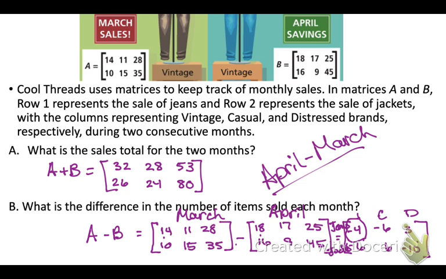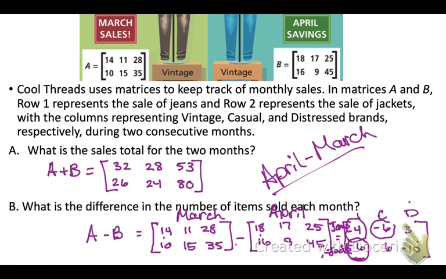What did we do best in? Distressed jacket. But how much are we making on a distressed jacket? Like, how much did they cost people? 65. So that was the cheapest thing in my store, right? So yeah, it went up by 10, but I probably made more on this. What was this one?